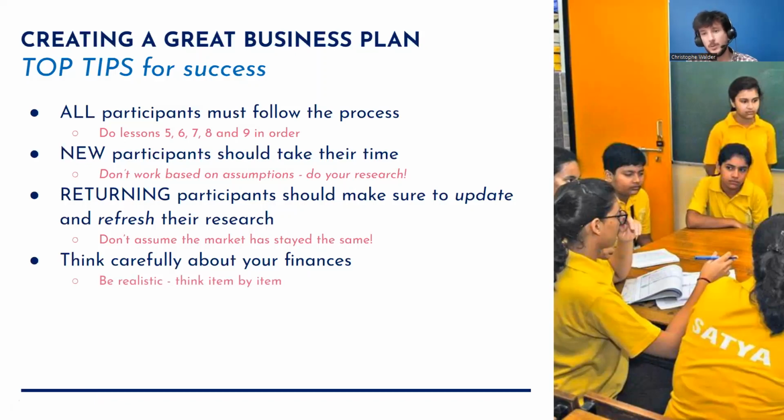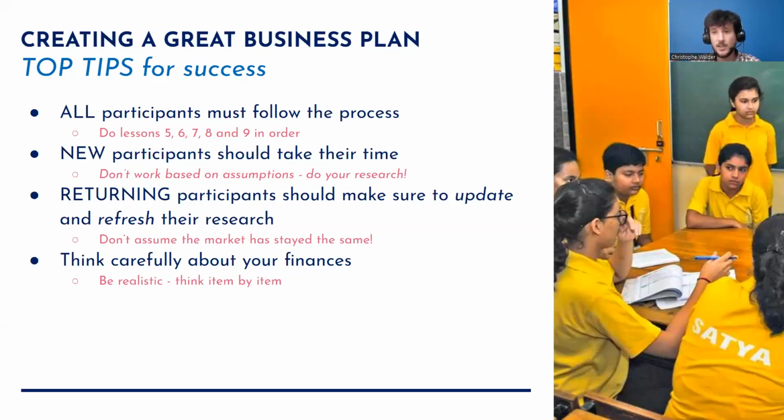So, for example, I'll use my example of a stationery shop. If your students are buying stationery wholesale in bulk, and then they are selling it individually at a profit, if that's their business model, then when they are thinking about their costs, they should write down every item they are going to buy.